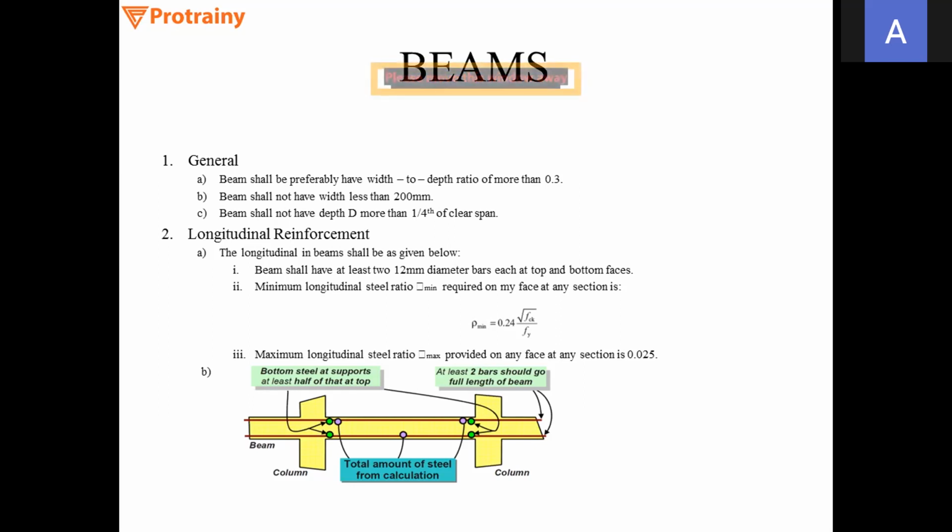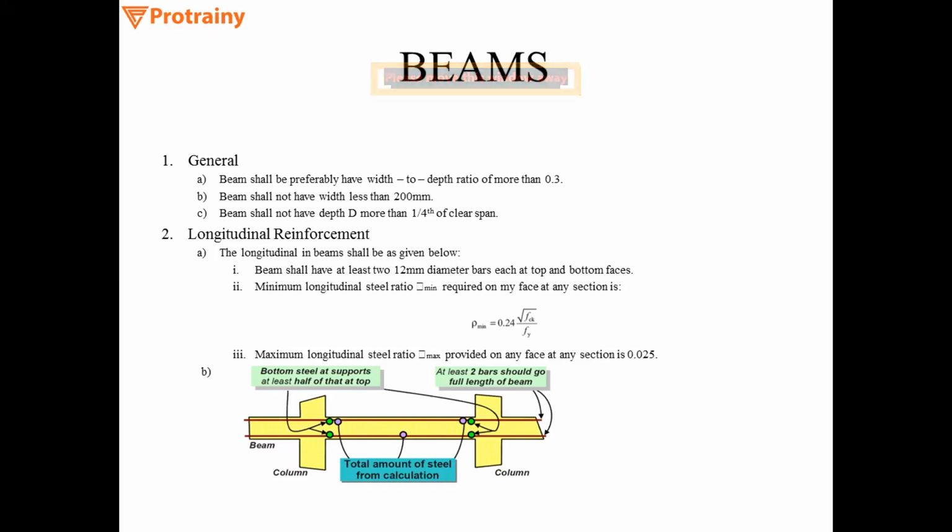Apart from that, at least 2 bars should go throughout the column to provide confinement and proper load transfer mechanism within the column and the beam. A minimum of 2 bars is required, and it can be more than 2 bars.